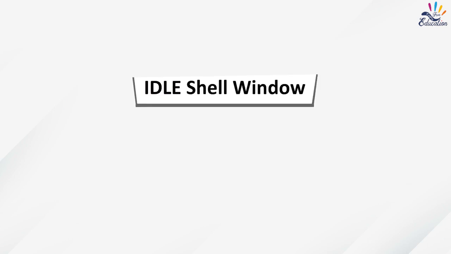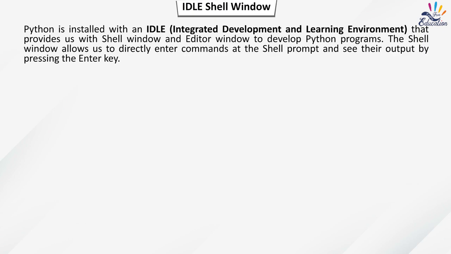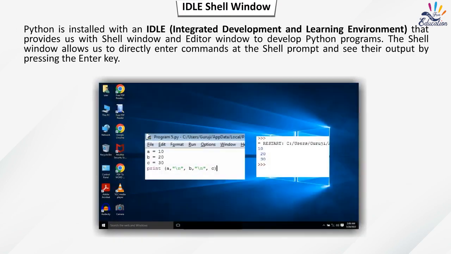IDLE Shell Window. Python is installed with an IDLE, Integrated Development and Learning Environment, that provides us with a shell window and editor window to develop Python programs. The shell window allows us to directly enter commands at the shell prompt and see their output by pressing the Enter key.